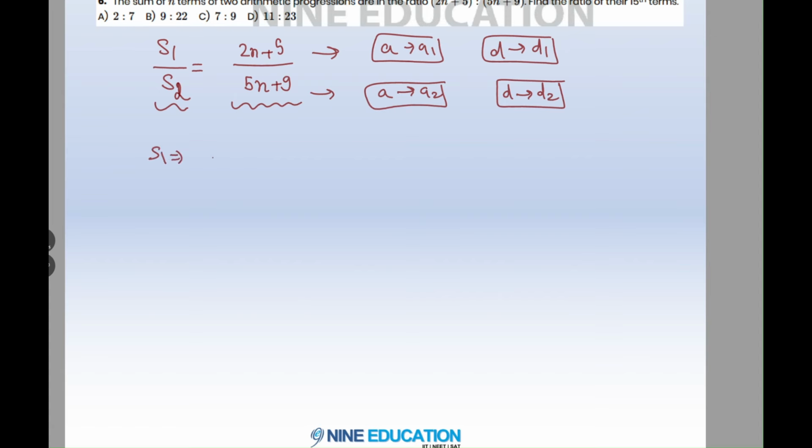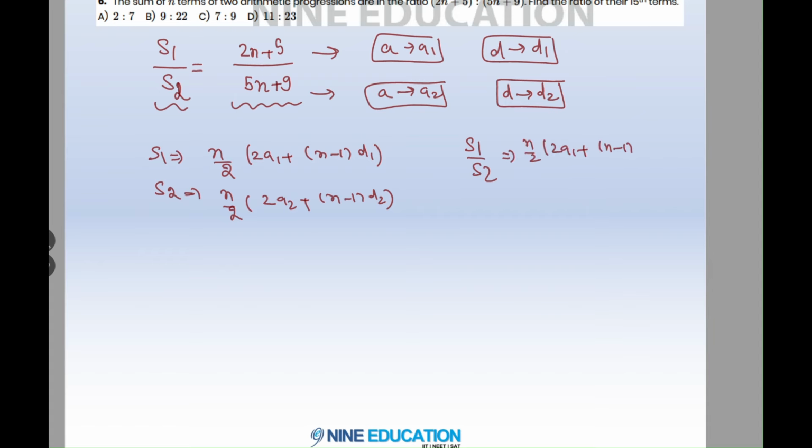Then S1 is equal to n by 2 into (2a1 plus (n minus 1) into d1). S2 will be n by 2 into (2a2 plus (n minus 1) into d2). Divide S1 by S2, which gives n by 2 (2a1 plus (n minus 1) d1) divided by n by 2 (2a2 plus (n minus 1) d2). N by 2 cancels out.